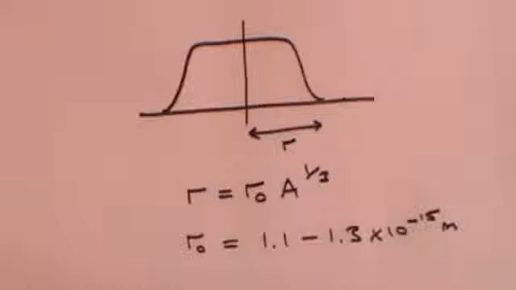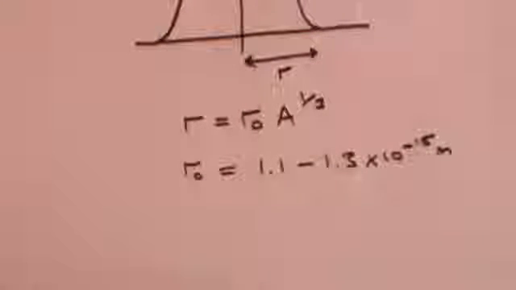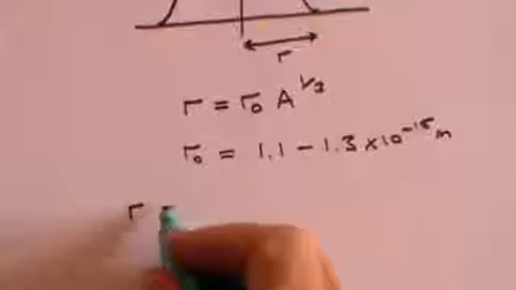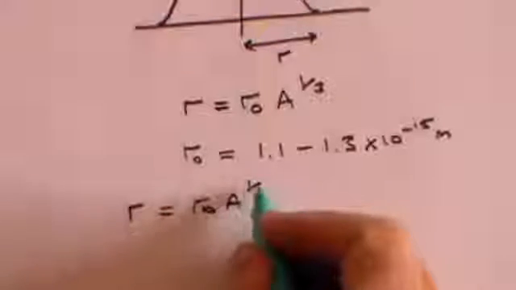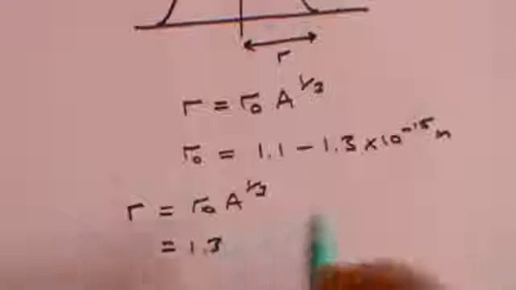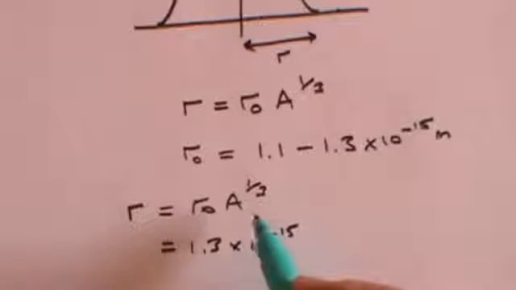So let's just compare how that formula compares with what we calculated earlier in this video. First of all, for gold, the nuclear radius would be R0 times A to the 1/3, which is, let's use the 1.3 value, 1.3 times 10 to the minus 15, times A to the 1/3.